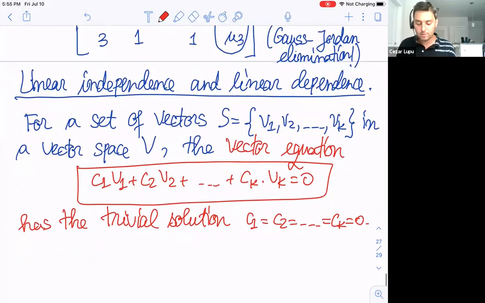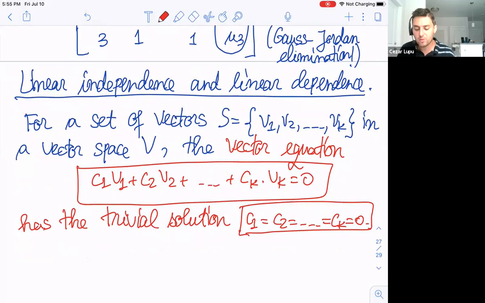So if this vector equation has only the trivial solution, then we can say that we have what we will call linear independence.